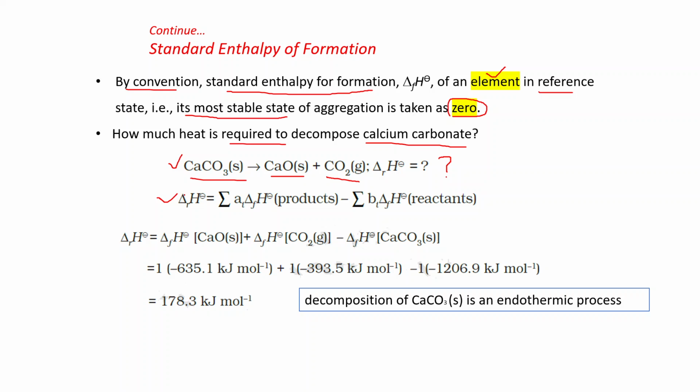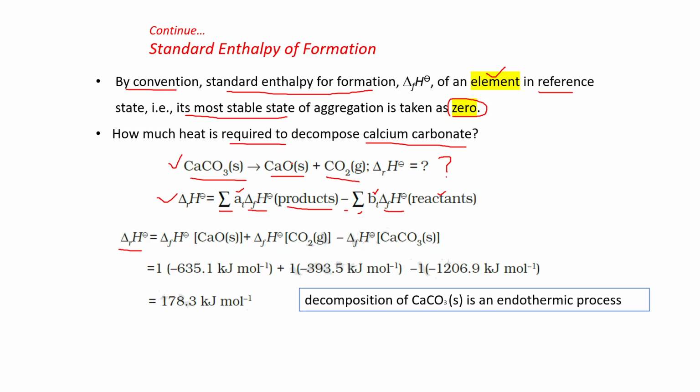Standard enthalpy of reaction is equal to the sum of the standard enthalpy of formation of products, multiplied by ai, which represents the stoichiometric coefficient of the product, minus the sum of the standard enthalpy of formation of reactants, again multiplied by bi, where bi represents the stoichiometric coefficient of the reactants.